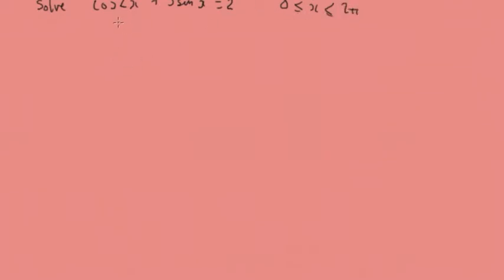When you have cosine 2x, you need to look at the rest of the equation and think which identity for cosine 2x is going to be the most useful. In this case, we're going to use cosine 2x equals 1 minus 2 sine squared x, because we've got a sine here. So we'll get them all in the same trig identity.